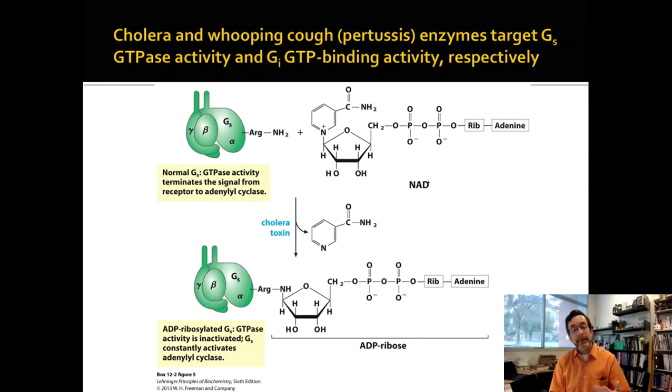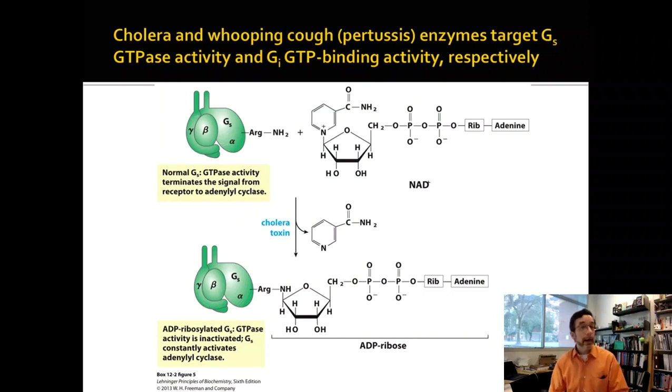What happens is that prevents it from ever breaking down its GTP, which means that the adenylyl cyclase is constantly on, constantly pumping out cAMP, and constantly causing chloride to fire from those cells, which causes a water imbalance, which means that basically water is gushing out of that organ.